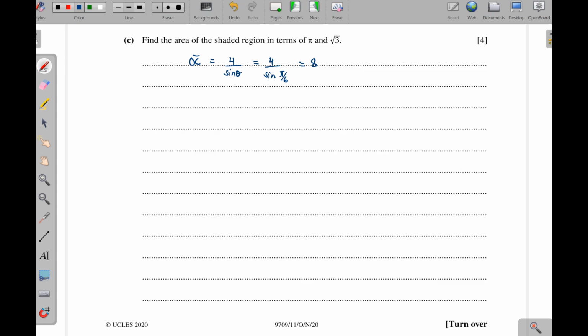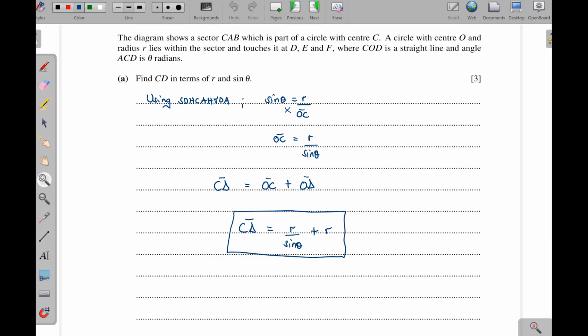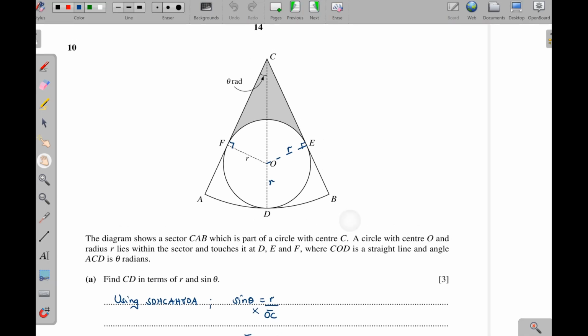We are done with that. That means using Pythagoras theorem on triangle OCF.